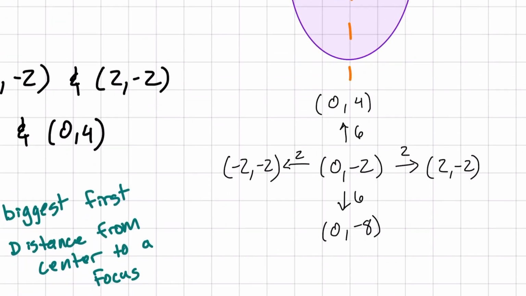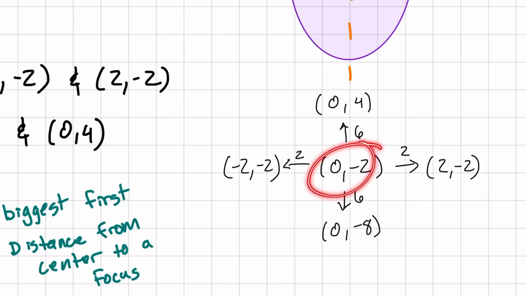So if I know that I have here at (0, -2), and you were to go right 2 units, if you were to go back and ask your 5th grade self, hey, if you're standing at the point (0, -2), and you go right 2 on the coordinate grid, where are you going to be now? You don't need formulas to be able to do this. Just add 2 to your x's because you're going right 2. So now we're at (2, -2). Go left 2, and now you're at (-2, -2).